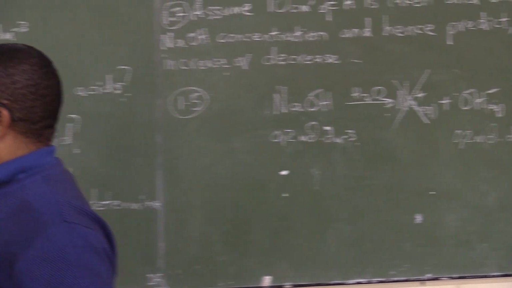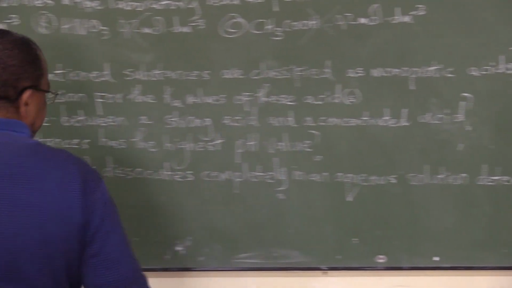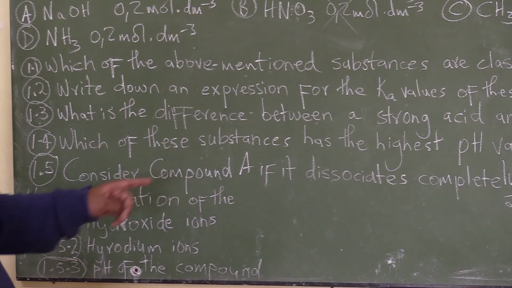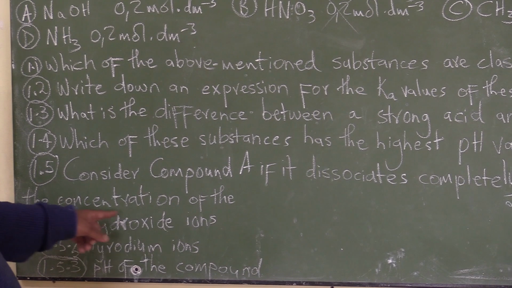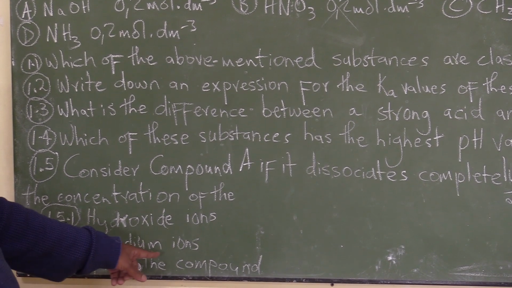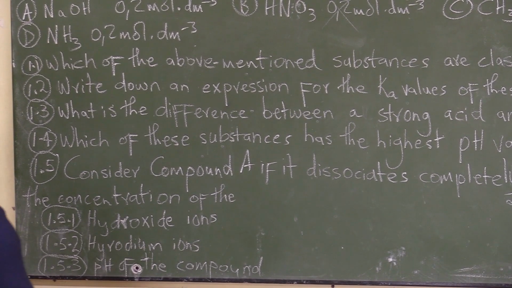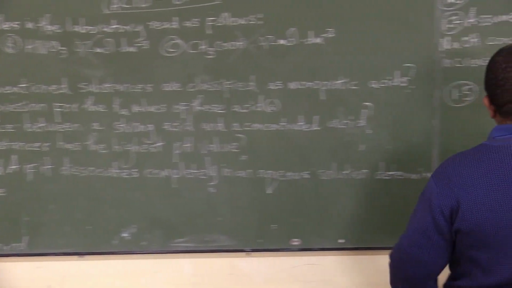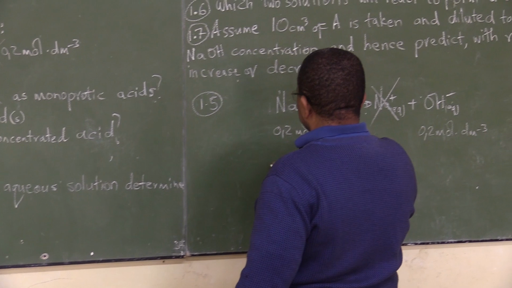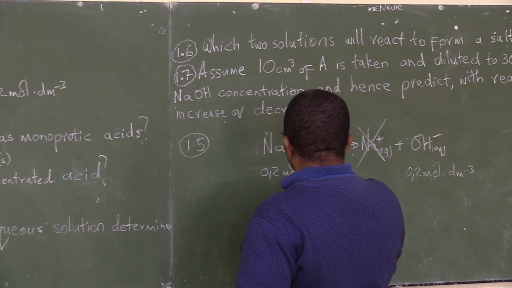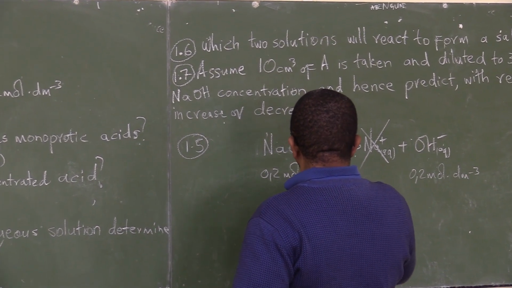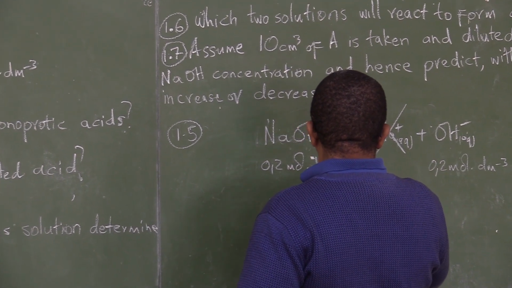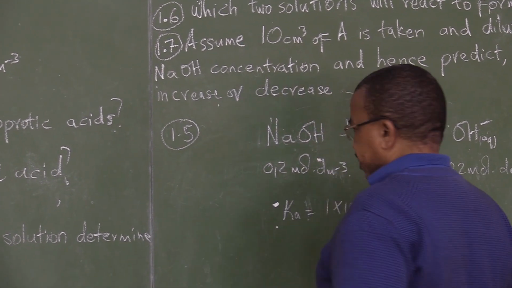Now determine the concentration of hydronium ions. Let's work it like this. We know that the Kw value is 1 times 10 to the power minus 14.